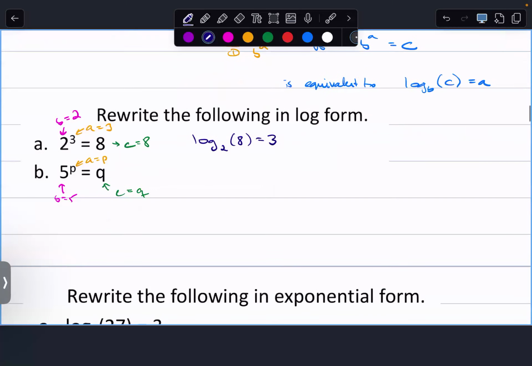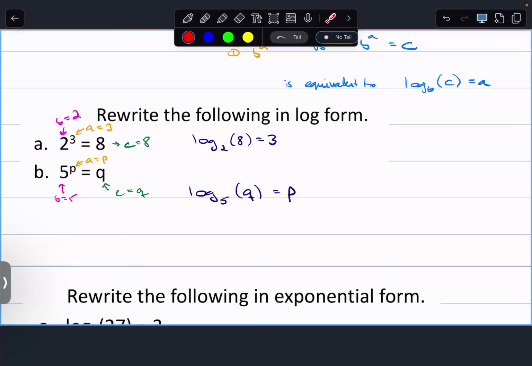So I'm going to get log base 5 of q is equal to p. And I'm going to confirm 5 to the power of p is equal to q. Takes some practice.